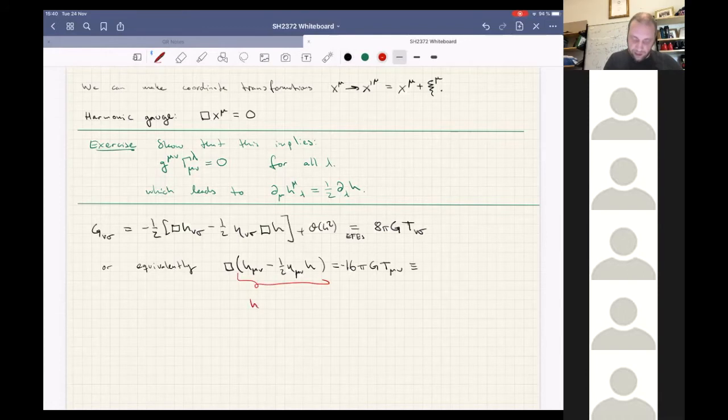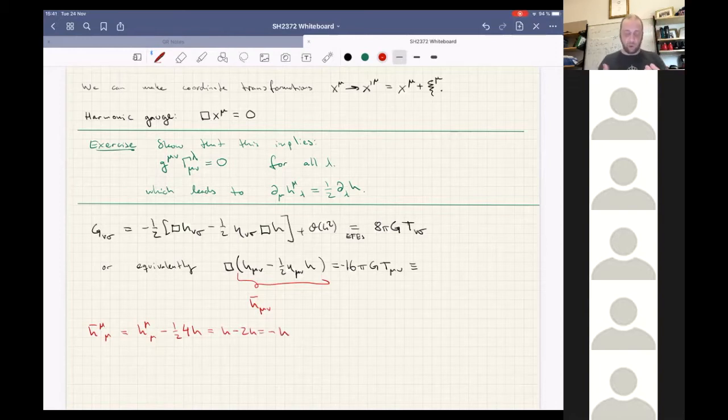I'm going to call this h bar mu nu. This is also called the trace reversed perturbation, and if you look at the form here, you can understand why. If you take the trace of this h bar, so h bar^mu_mu, that would be h^mu_mu minus 1/2 times 4, because the trace of eta is 4, times h, which is just h minus 2h, which is minus h.